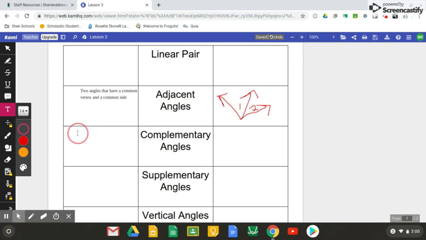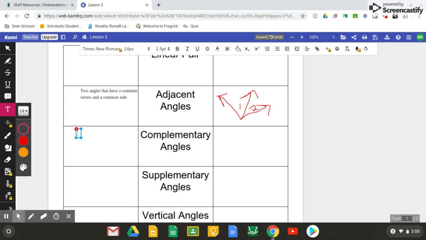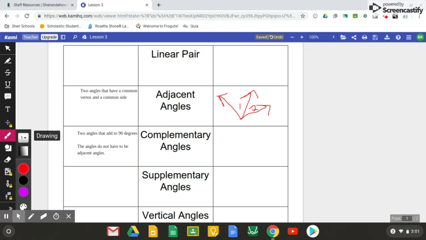All right, next one, complementary angles. This is two angles that add to 90 degrees. A special little note, the angles do not have to be adjacent angles. So they don't have to be next to each other to be complementary.